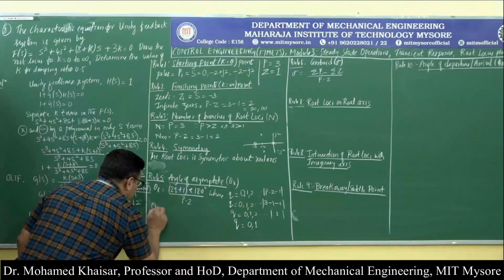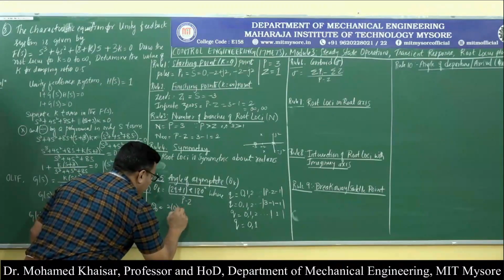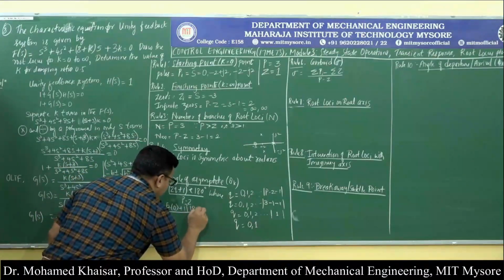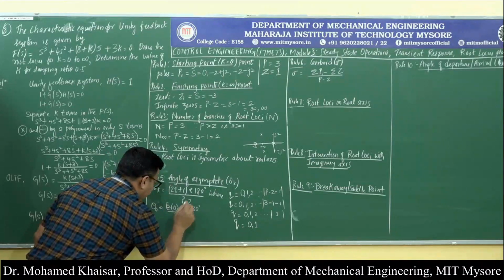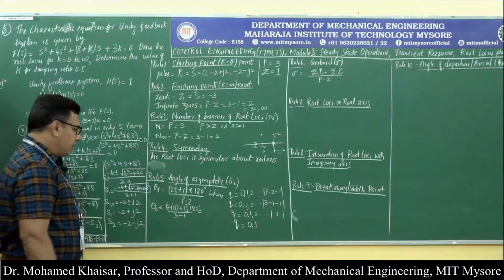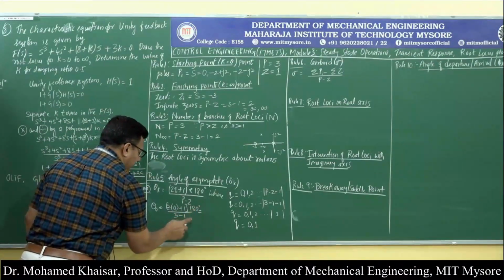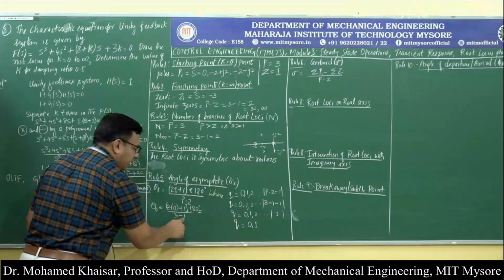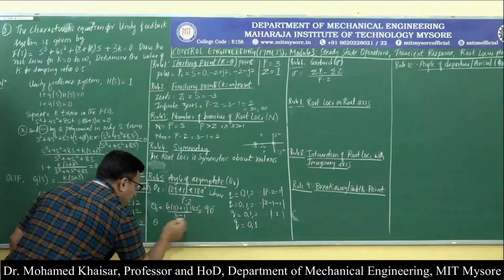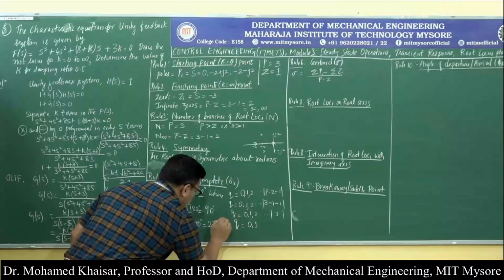So, theta at Q equal to 0 is given by (2 into 0 plus 1) into 180 degrees divided by the number of poles, 3, minus the number of zeros, 1. So 2 into 0 is 0, 1 into 180 is 180, divided by 3 minus 1 which is 2, so 180 by 2 will be 90 degrees. Similarly, if you substitute the value of Q as 1, you are going to get 270 degrees.